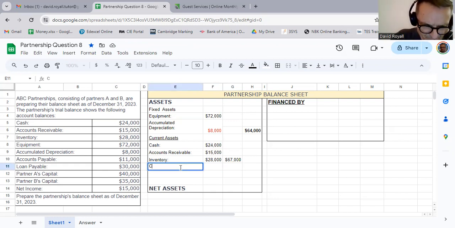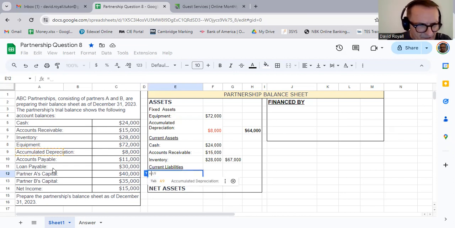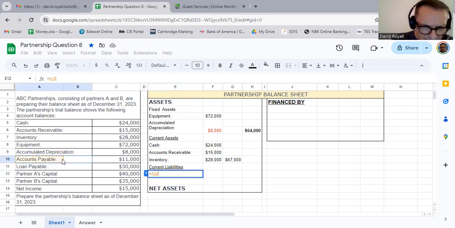Okay, current liabilities. Now this will be money that we owe within a financial year, one year or less. And looking across there, we've only got the accounts payable. And now I'm assuming that loan payable is long term.